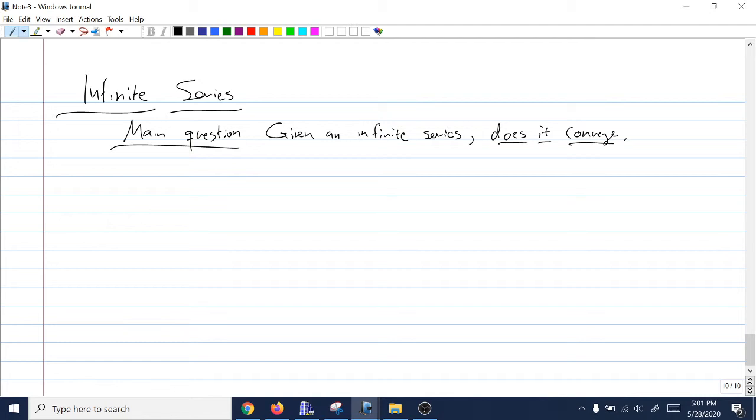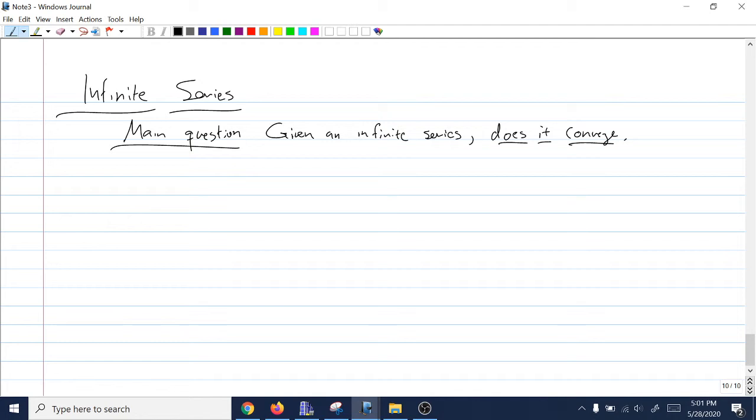For exam 2, I don't know if it's going to end up being most of the points, but lots of the questions will be here is an infinite series, tell me if it converges. Give me an explanation for how you know it converges or doesn't converge. So we're going to end up with a bunch of facts that have names. They're going to be called tests usually. And they're going to be ways to look at a series and tell whether it converges or not.